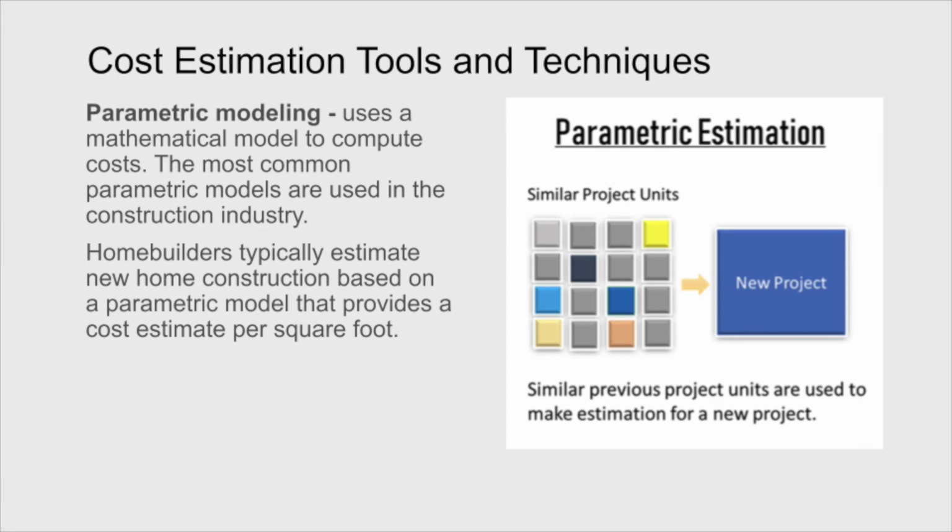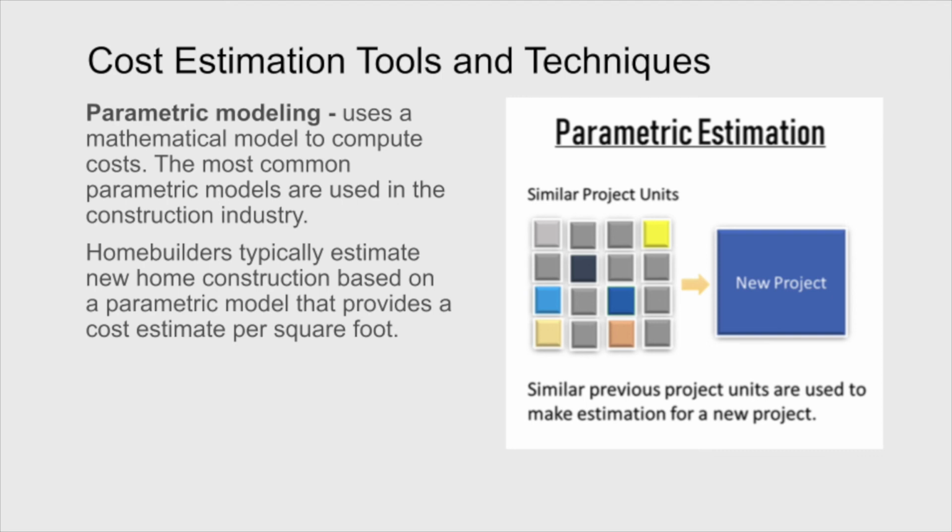Finally, we have something called parametric modeling. When we think about parametric modeling, what we're doing is using mathematical models, and this has become very popular, particularly in terms of software design. We look at similar projects in the past and break them down into their units, so instead of looking at the project as a whole, we're looking at the project units.